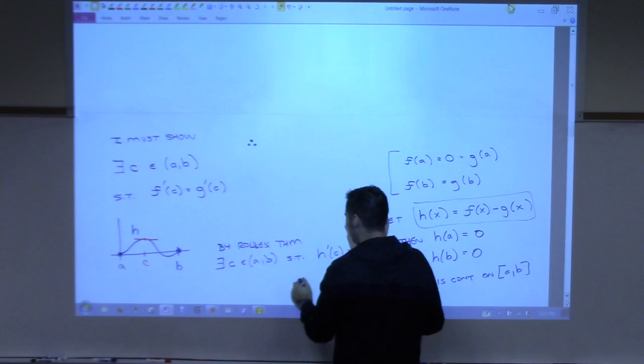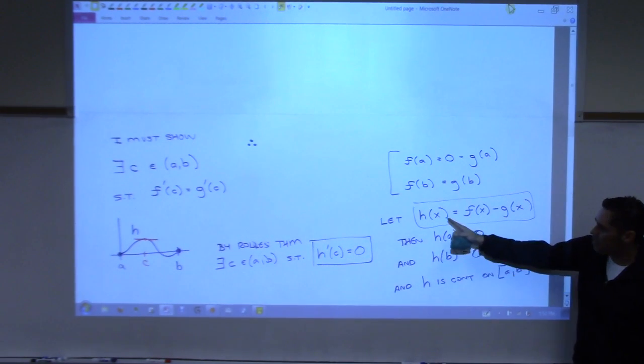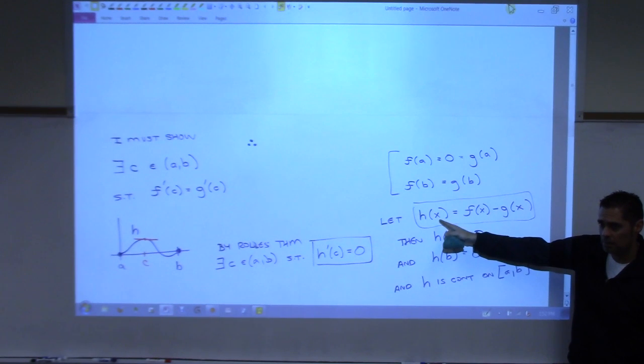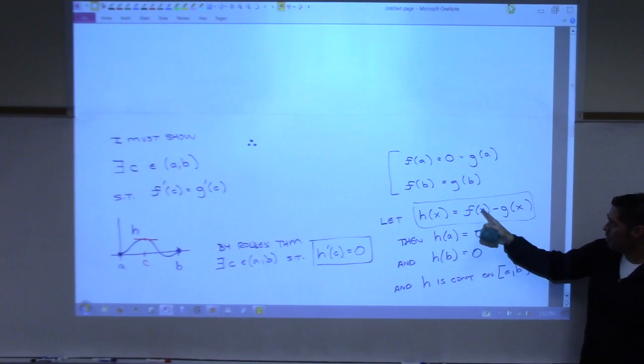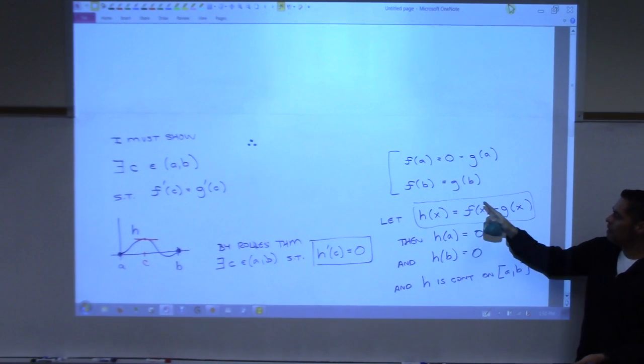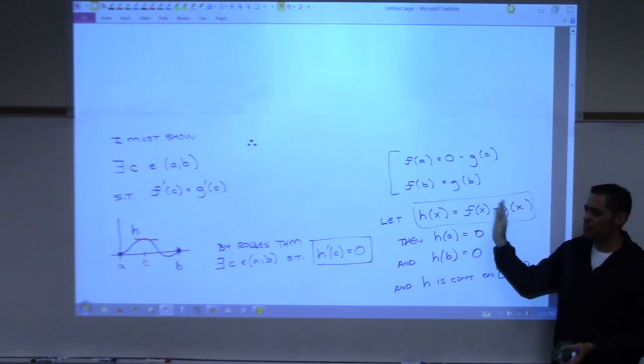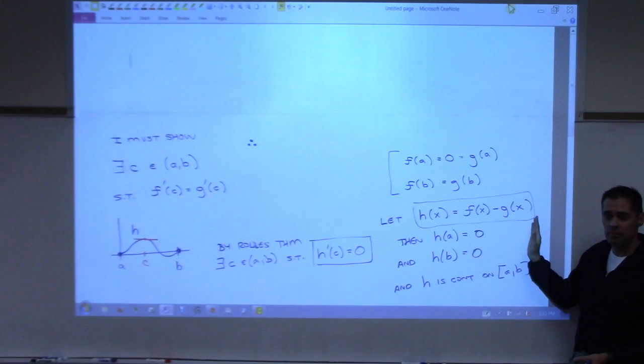to say that h prime of c equals 0 is the same as taking the derivative of this, right? Which is this. What's the derivative of this with respect to h? h prime of x equals f prime of x minus g prime of x. If I told you to take the derivative of this, you would just take the derivative of each one, right?